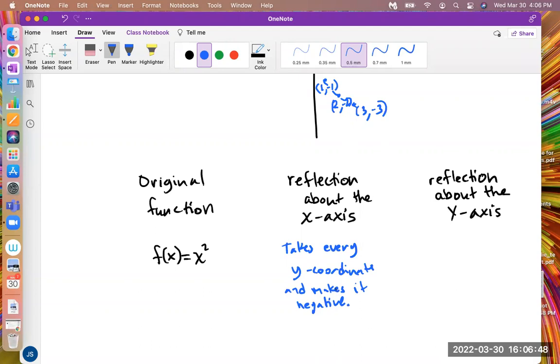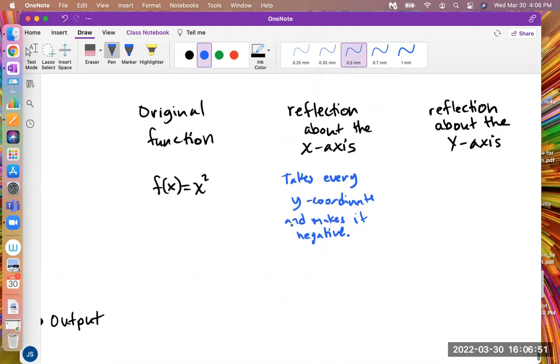It takes every y coordinate and makes it the opposite of what it was. Or I'm going to write negative, because a negative of a negative would be positive. It makes it the negative of what it was originally, okay?